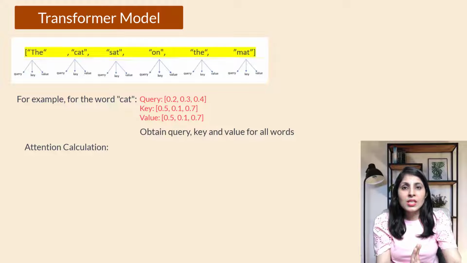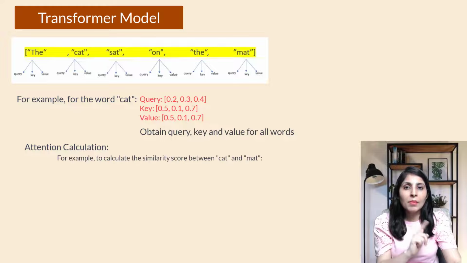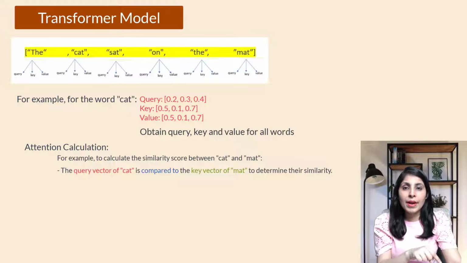Now we will calculate the attention. The self-attention layer compares each word's query with the key of all other words to calculate similarity scores. For example, to calculate the similarity score between cat and mat, the query vector of cat is compared to the key vector of mat to determine their similarity.